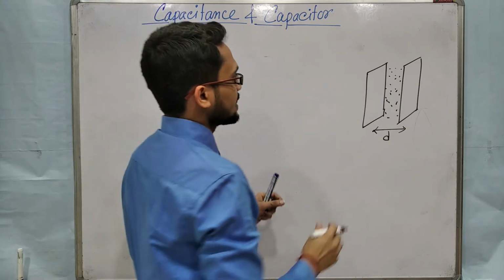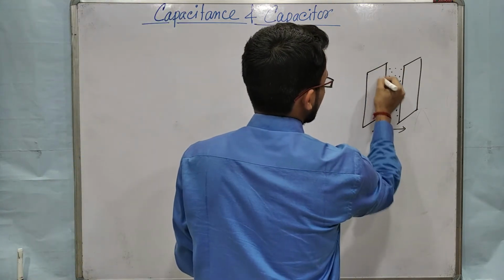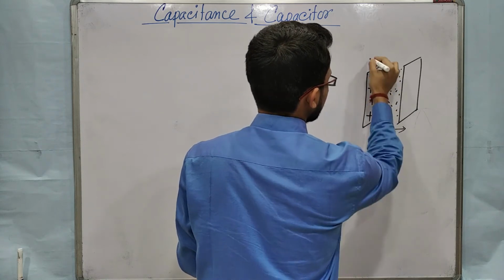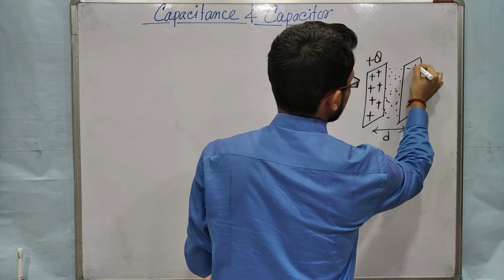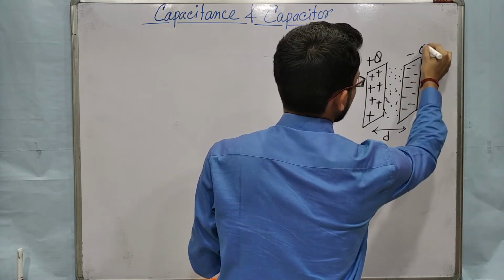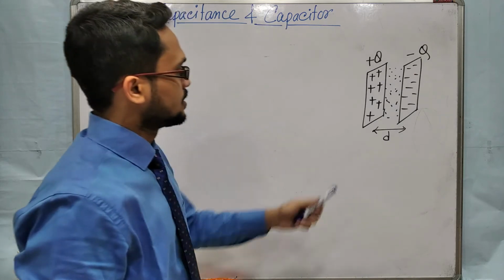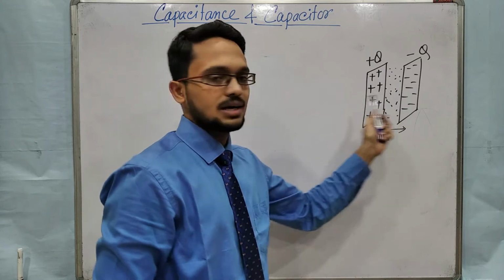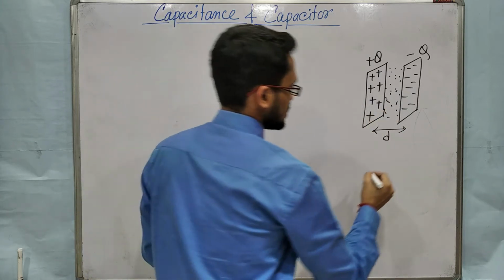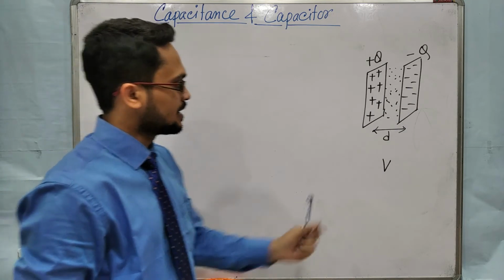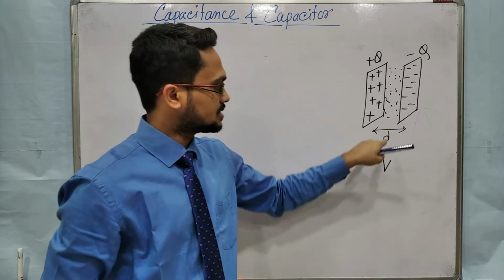Then we place plus charge on one conductor. Take it as plus q, and on the other conductor the same amount of minus charge, that is minus q. Due to this there will be a potential difference between the two conductors. Suppose V is the potential difference between the two conductors, and they are separated by some distance d.